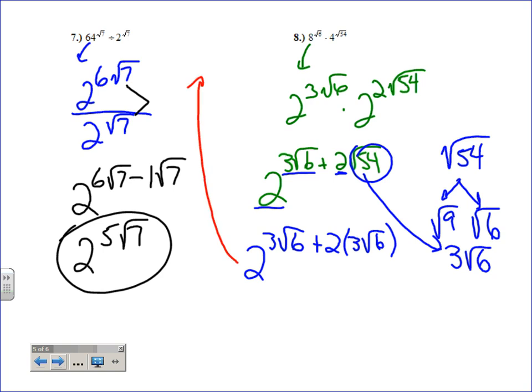Okay. So we got this 2, 3 square root of 6, plus what? Really? What's that turn into? 6 square root of 6. Very good. Well, now, that's still not the answer. We've done a great job of that, but that's still not the answer I've written down over there. Because you can actually add them now. Could I add here?